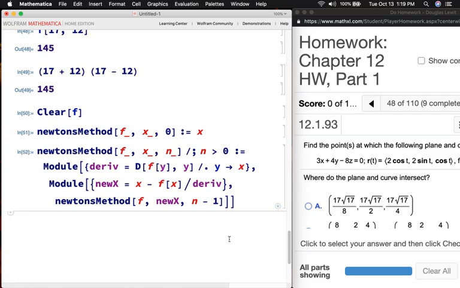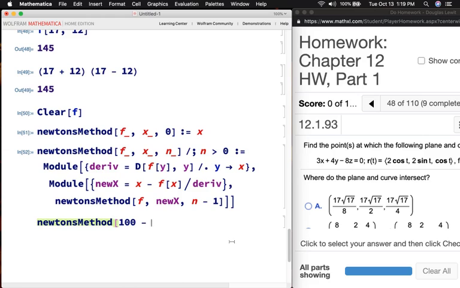Okay, so let's see if this is going to work. Let's do something simple. Let's choose a simple function. What about the parabola 100 minus x squared? Now, instead of using x as my variable, I'm just going to use any generic variable.